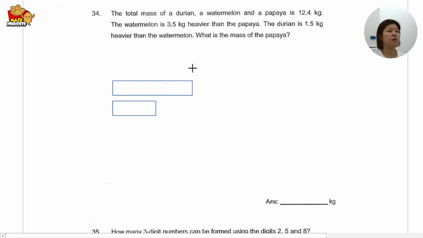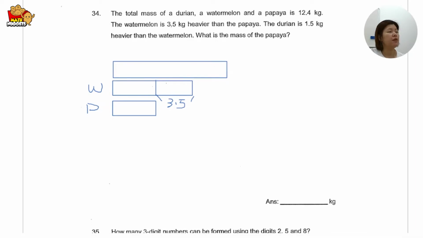and then this part is 3.5. This is watermelon, this is papaya. And then the durian is heavier than the watermelon, so durian which is 1.5.